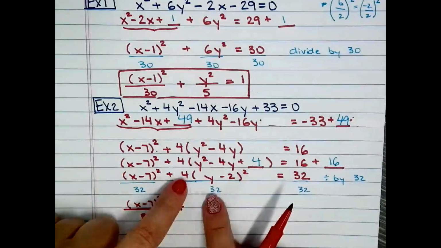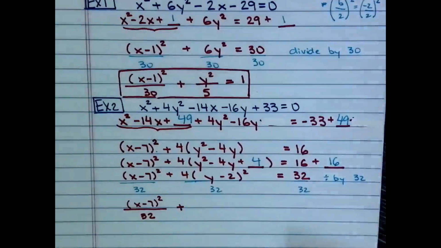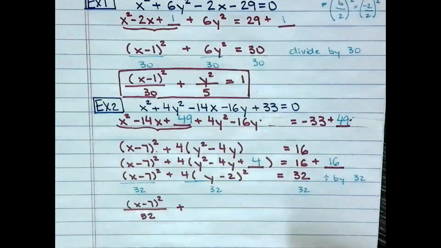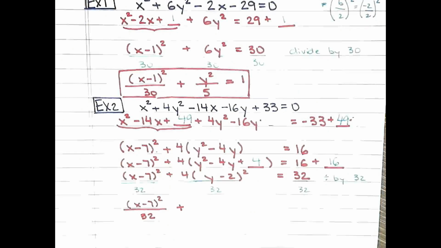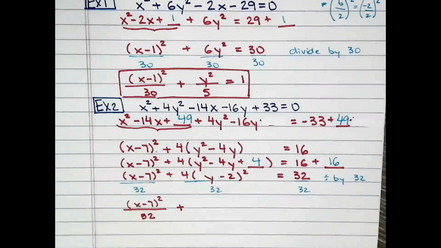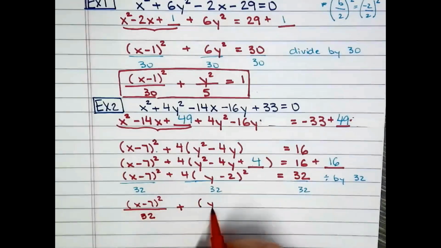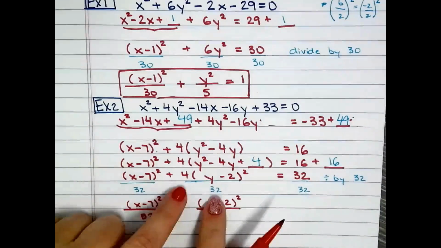You have to simplify this fraction. So this fraction will simplify down to 1 over 8. But you don't need to write the 1 right there. You just go y minus 2 squared over 8.